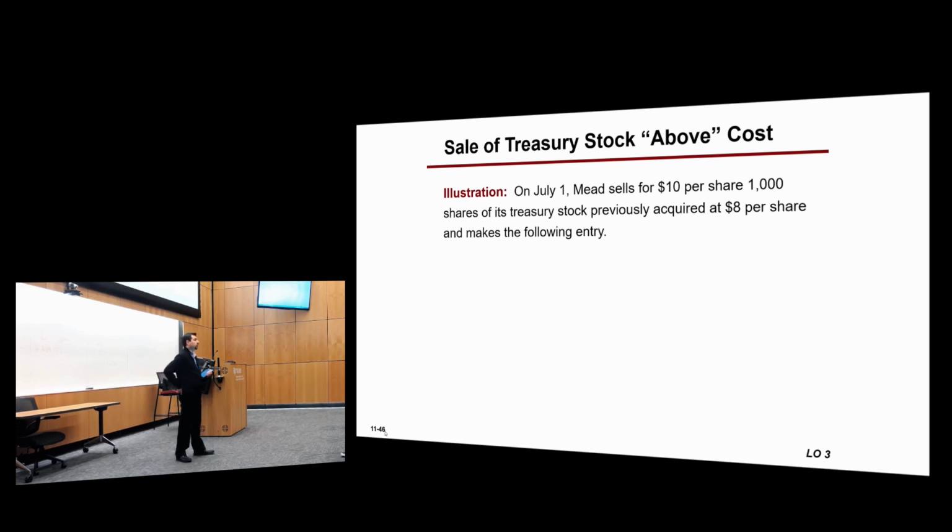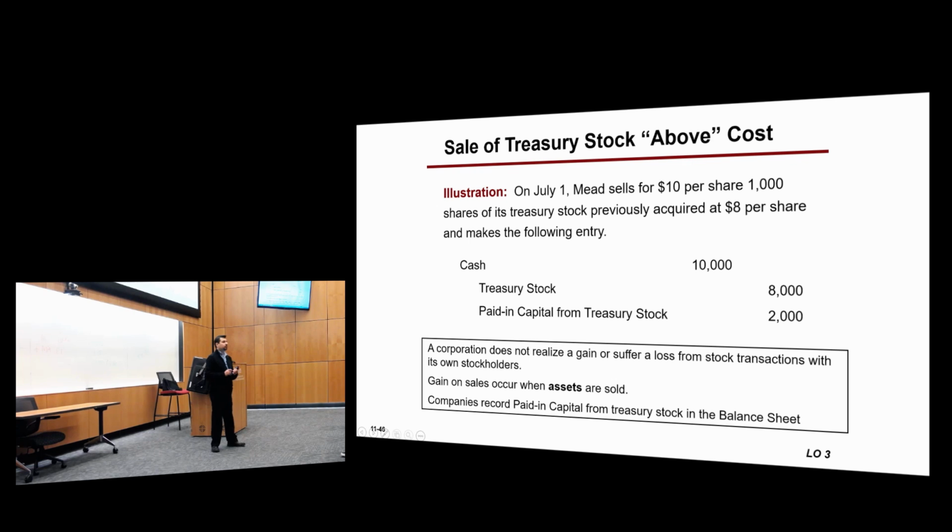They receive cash, how much? $10 multiplied by 1,000. They will credit treasury stock 8,000. It's at cost, right? This is how much it cost. What about the difference between the two? Paid-in capital from treasury stock.